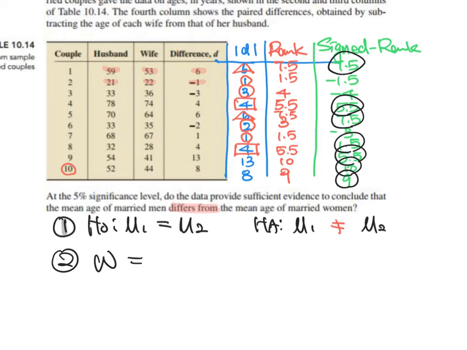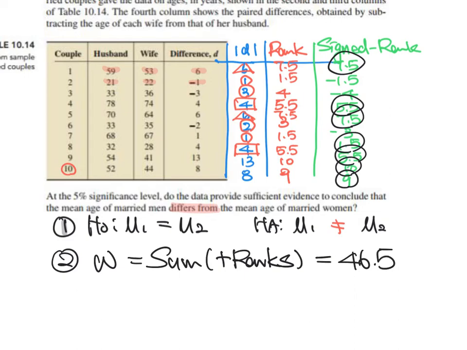The sum of the positive ranks will be 46.5. Now step 3, we need a critical value.